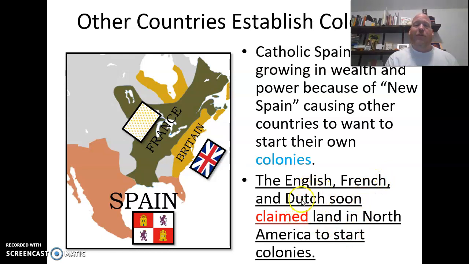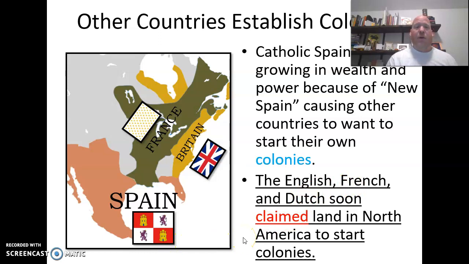And so did the Dutch. And if you don't know who the Dutch are, they are from the country known as the Netherlands. All right? A lot of people don't know that New York was originally a Dutch settlement before we basically stole it from them, the English, that is. All right? So if you want to hit pause now, go back to your notes. That fills in that section about other countries that wanted to come over here and get in on the action in the New World. England, France, and the Netherlands.